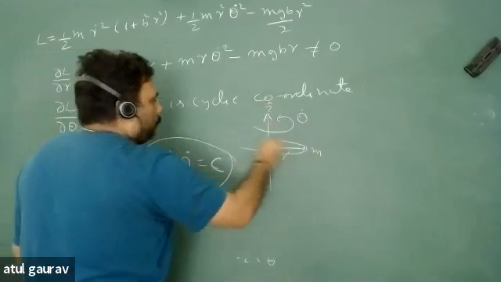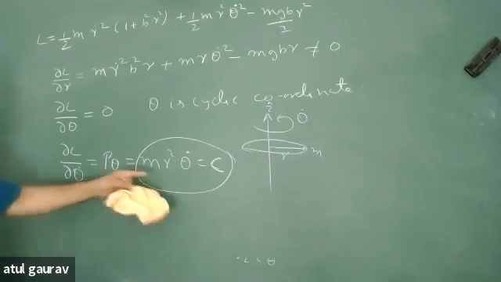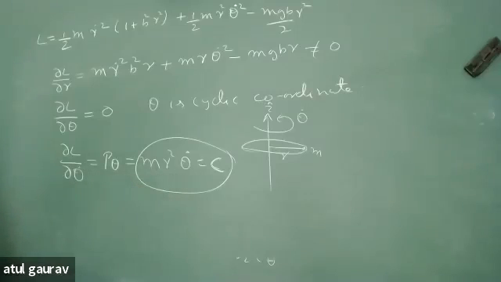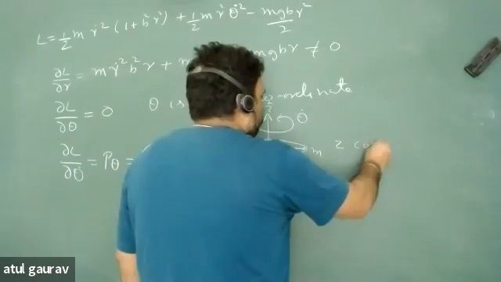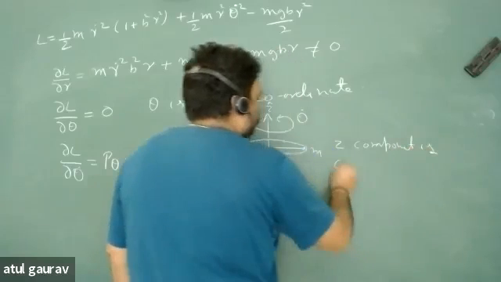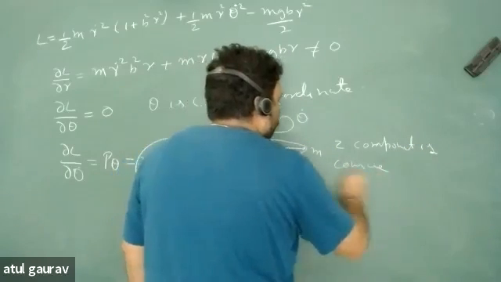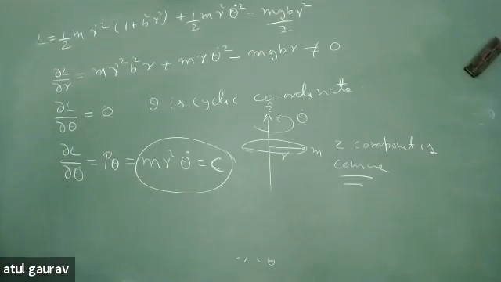This is in the xy plane, isn't it? So this is the cylindrical symmetry. So p_θ is conserved. So here the z component of angular momentum is conserved.